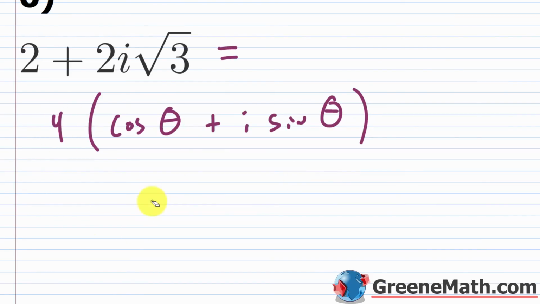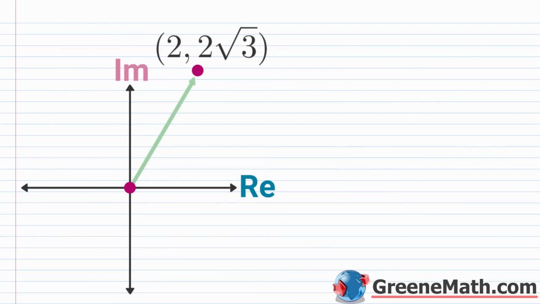If we want to get our theta here, which is the argument, or again, as a position vector, you could say it's the direction angle. Let's go ahead and sketch this guy. So 2 plus 2i times square root of 3. Your terminal point would be 2 units to the right on the real axis, and then 2 times square root of 3 units up on the imaginary axis. So right there, there's your complex number sketched as a position vector. And we know that we're in quadrant 1 here.